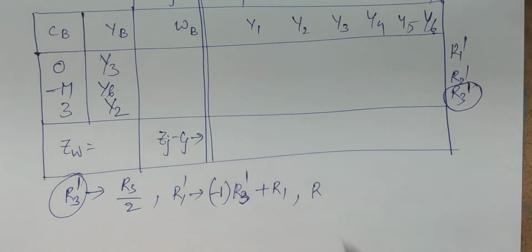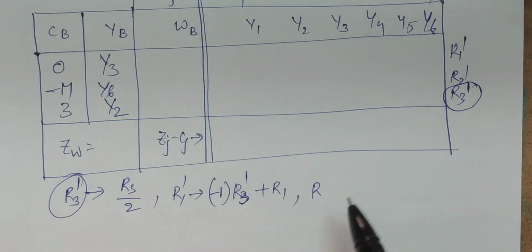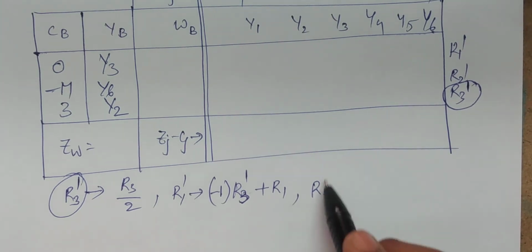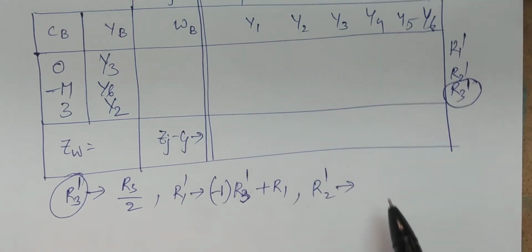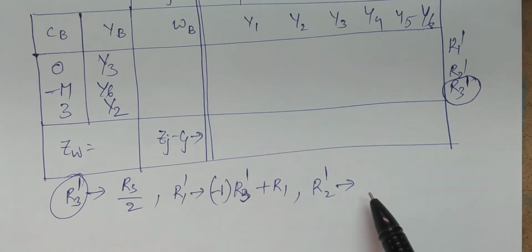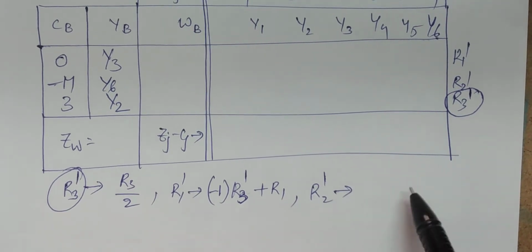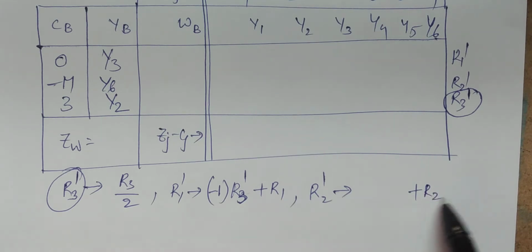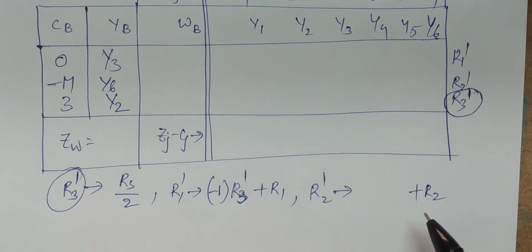Next operation is R2 dash. We have to convert R2 dash. So for R2 dash, it is required to calculate plus R2. That is what the first operation I explained.